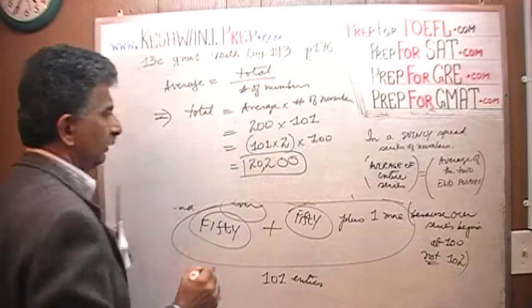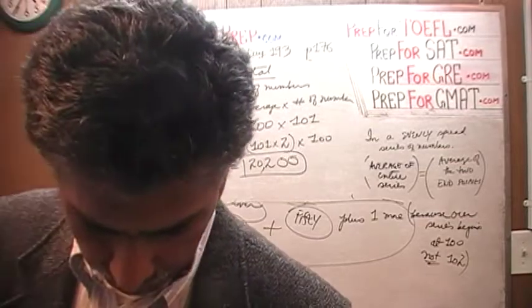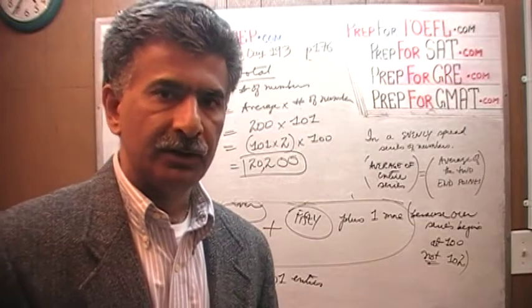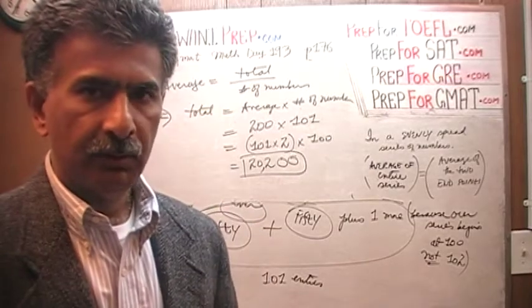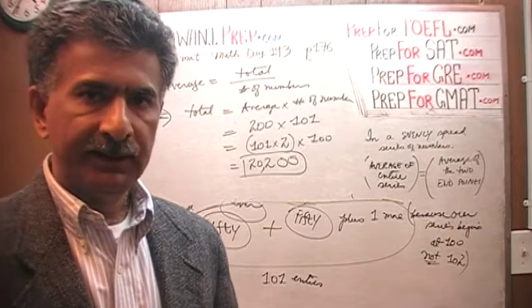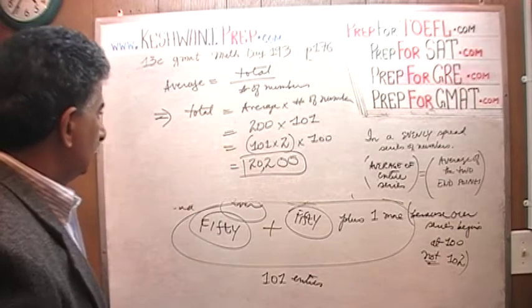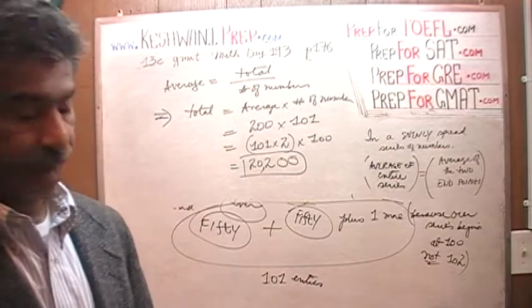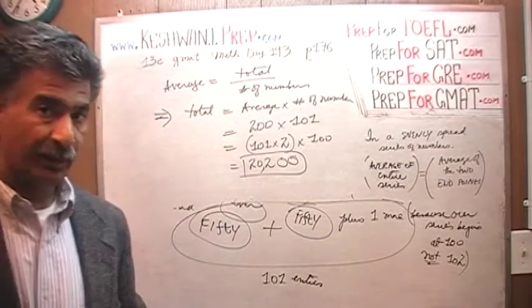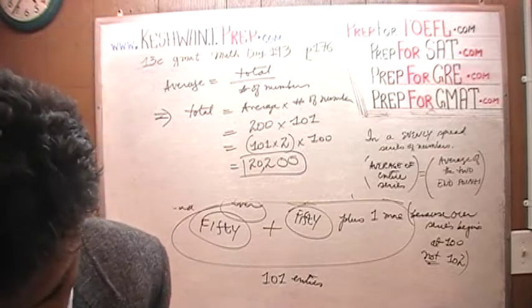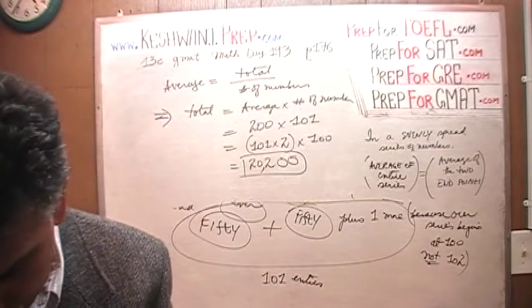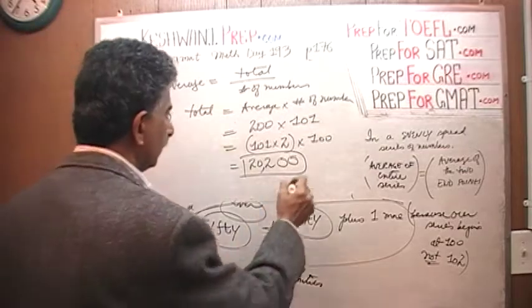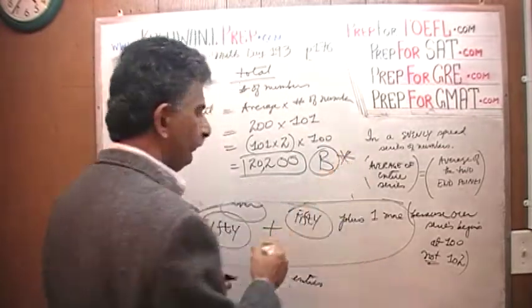That's our answer: 20,200 is the sum of all the even integers that lie between 99 and 301. The answer is 20,200, which is answer choice B.